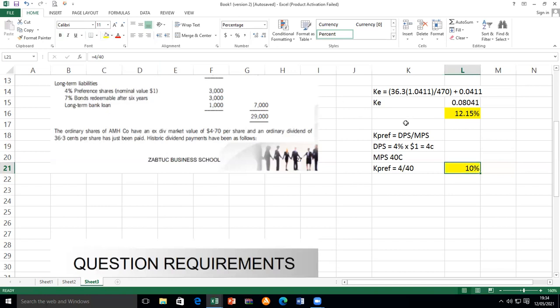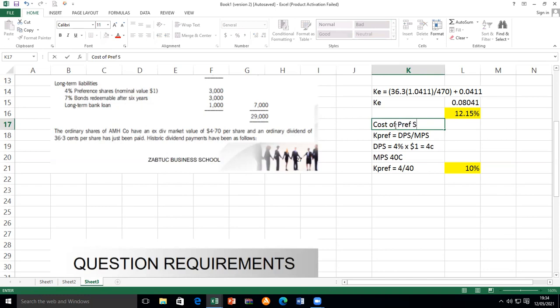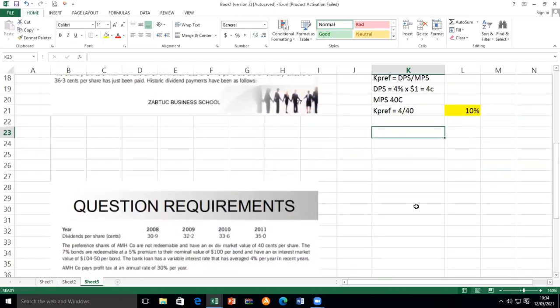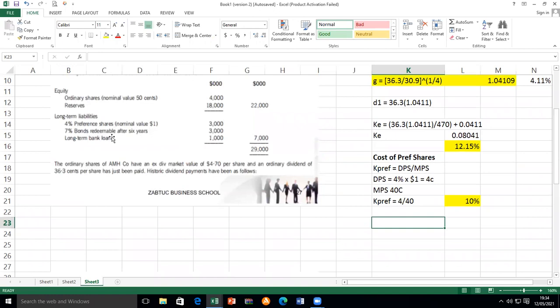So this is how you find the cost of preference shares: dividend per share divided by market price per share. Dividend per share is here, market price per share is there. Let's move to the next one.